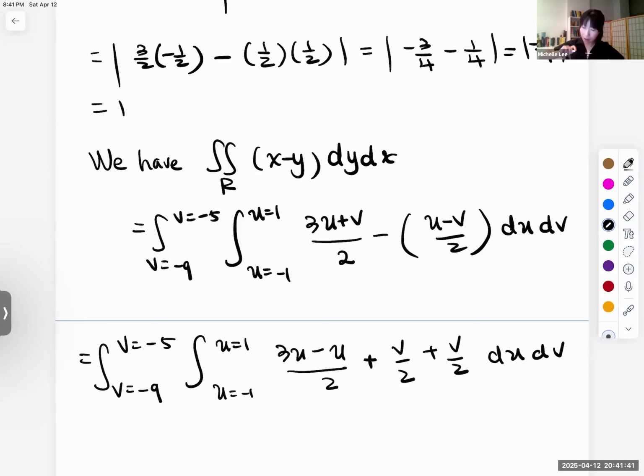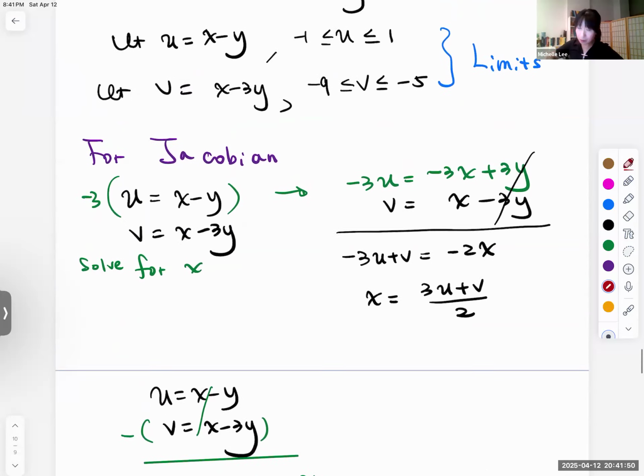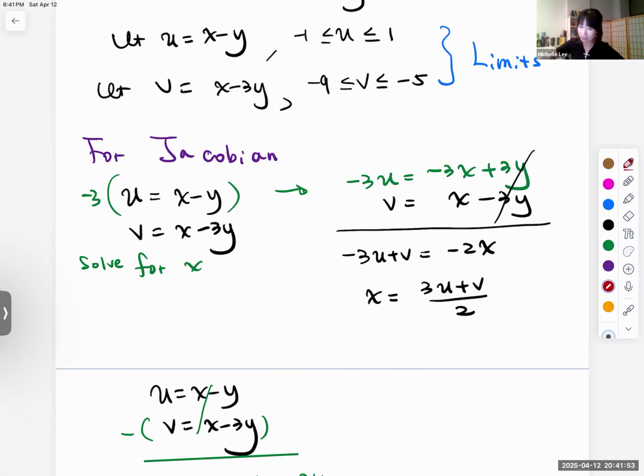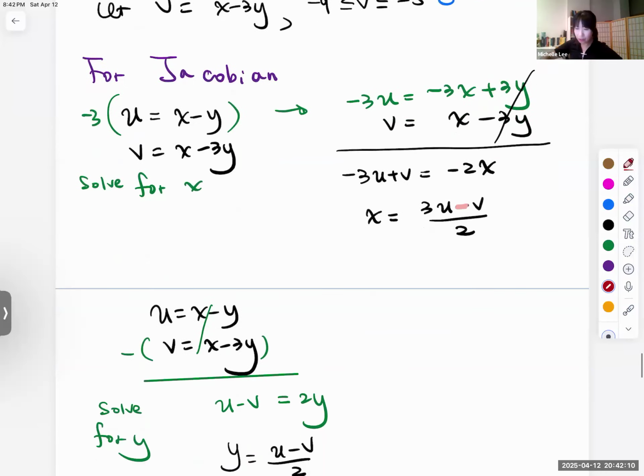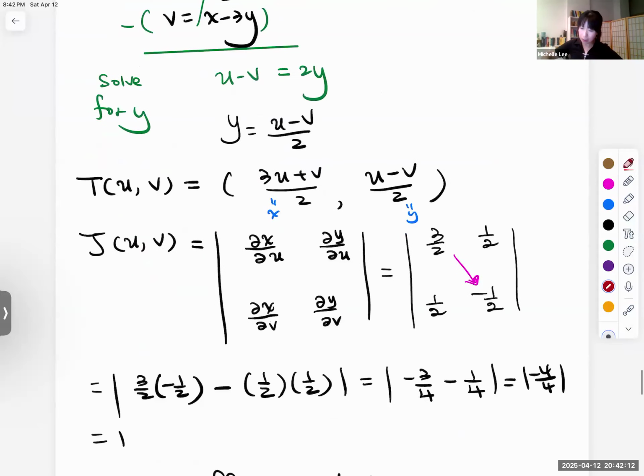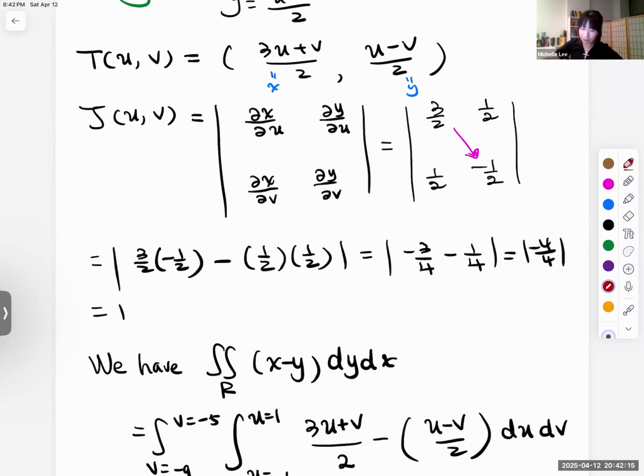Okay, so I realized that there is one more mistake. Let me fix that. I'm very sorry about that. Okay, so let's take a look here. Divide by 2 every term, then that will be negative, isn't it? Then 3u minus v.